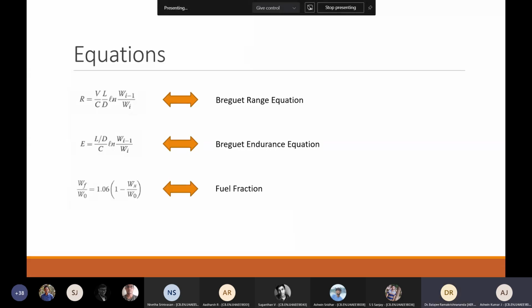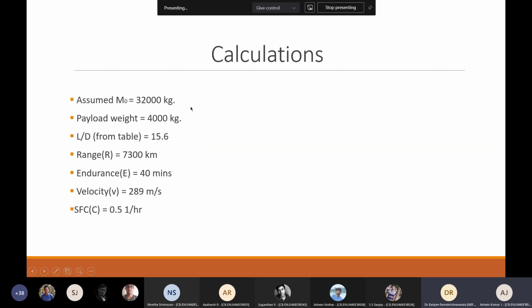The equations used are the Breguet range equation to calculate the weight fraction during cruise. We all know this; these are the basic data we have taken. We have assumed M naught as 32,000 kilograms and the payload weight of 4,000 kilograms, and L by D of 15.6.